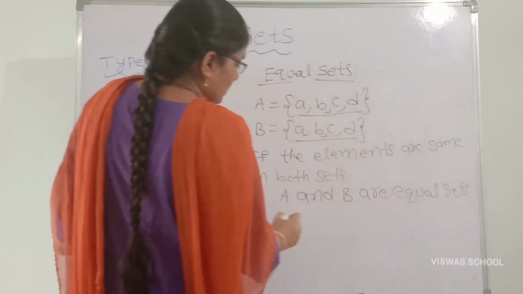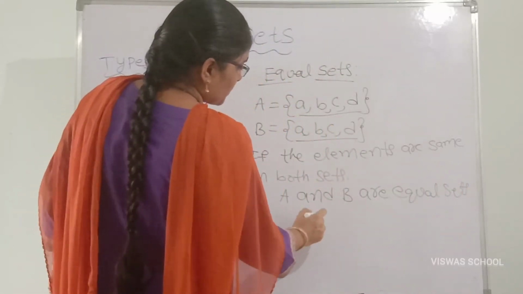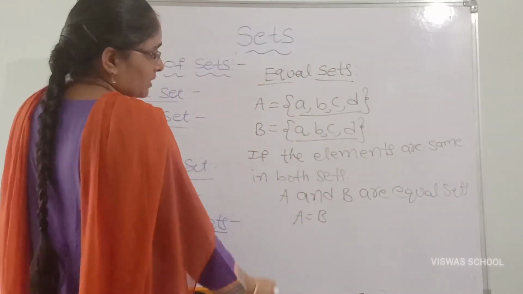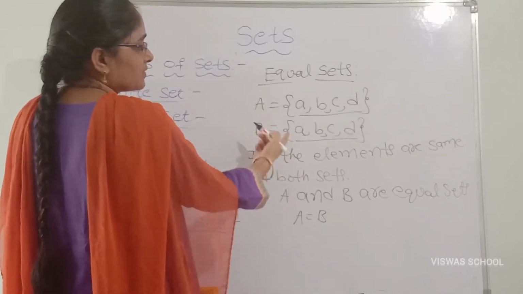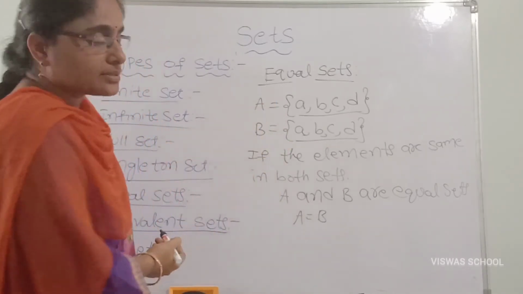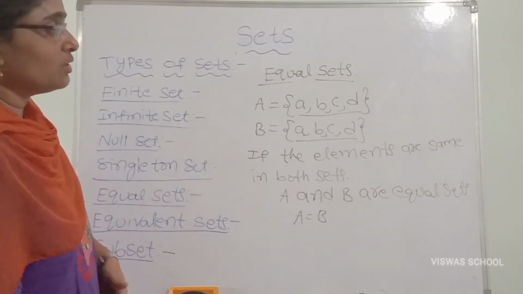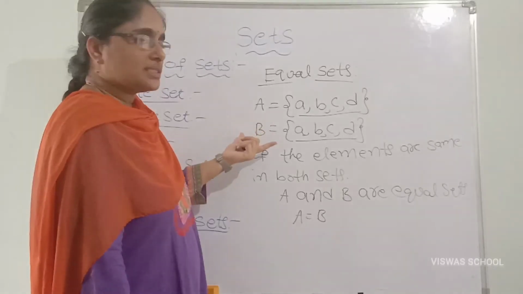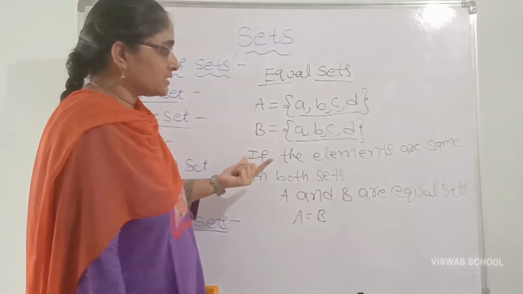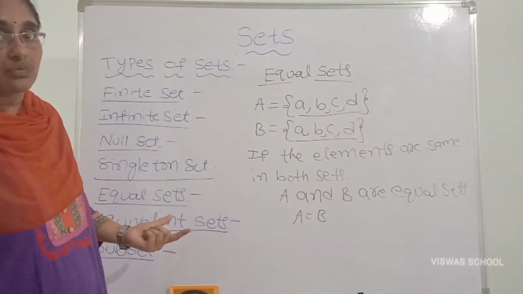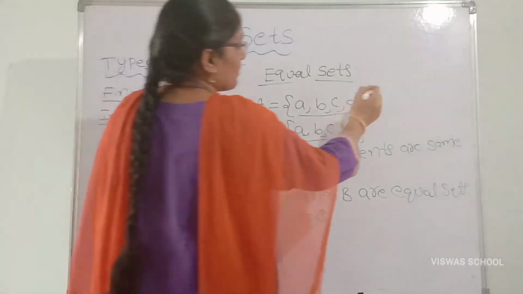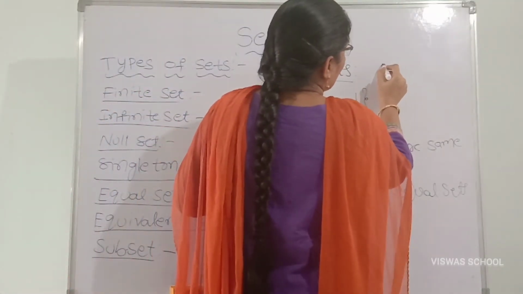That is A equals B. The cardinal number in these sets is the same. That is N of A equals 4 and N of B equals also 4. If the elements are same in both the sets, then we say that A and B are equal sets.